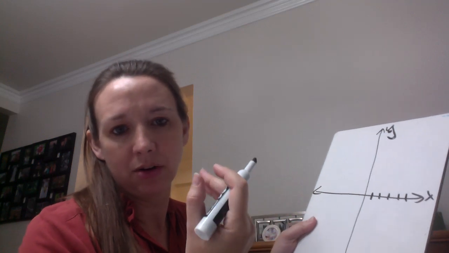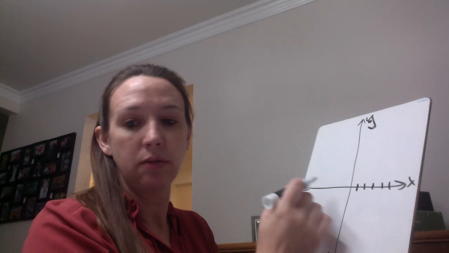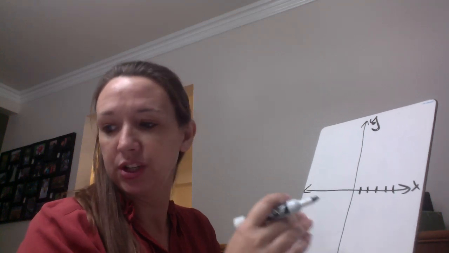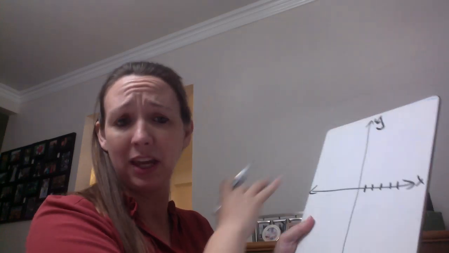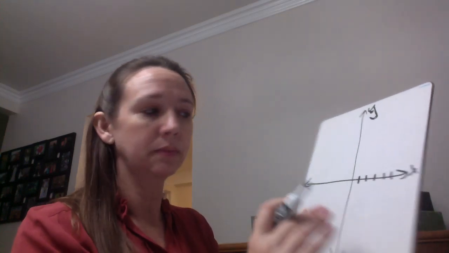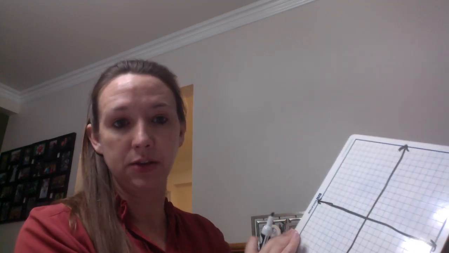So you get to make it as big or as small as you want. I would make it taller rather than wider, just because that's how I'm making it, but you can make it equal. That's fine too. So either on regular paper or on graph paper, that's your choice.